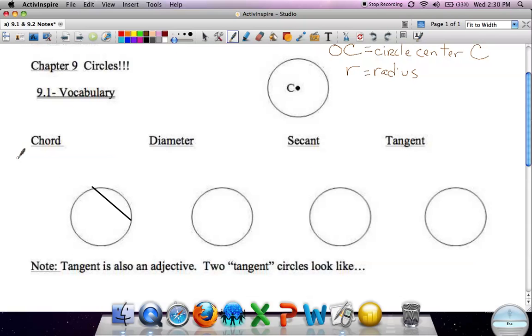So this would be one end of this line segment, and this would be the other end. A diameter is a chord that goes through the center.